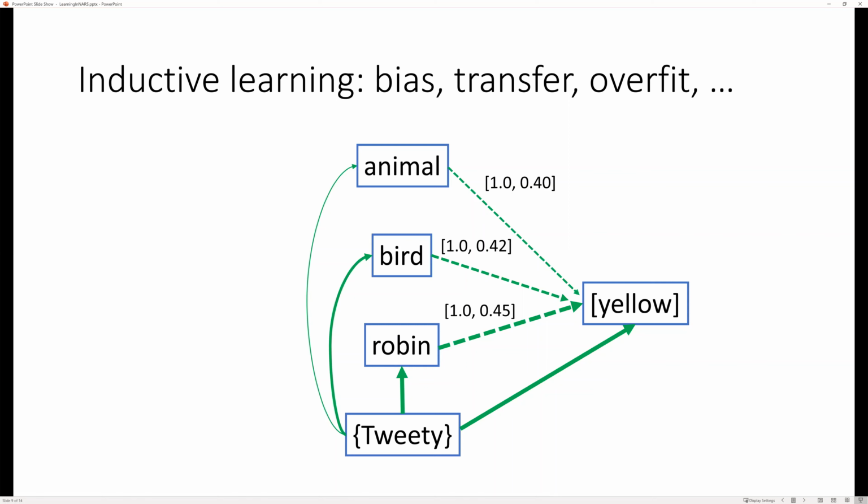Okay, and also there is a big issue in machine learning, that's overfitting, right? Which basically in this picture means you are not generalizing enough. Your conclusion is too close to your observation. Once again, in NARS, there is no such issue as overfitting. Even after you have all those conclusions, it's still valid for the system to stay with the observation, to say that no matter what, I'm pretty sure that Tweety is yellow, okay?